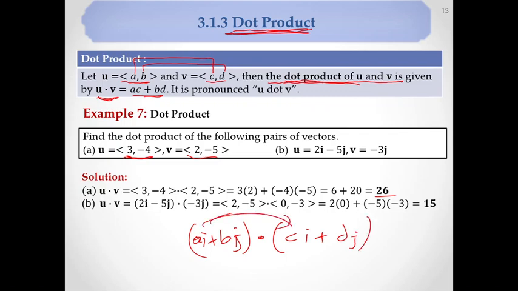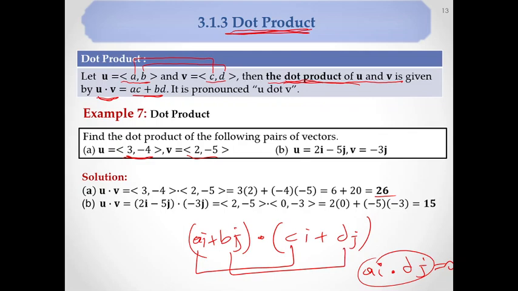You can do this multiplication, but when you multiply ai with dj in a dot product, this is equal to 0. So you will see some zeros here, and after the zeros you will end up with the same thing.